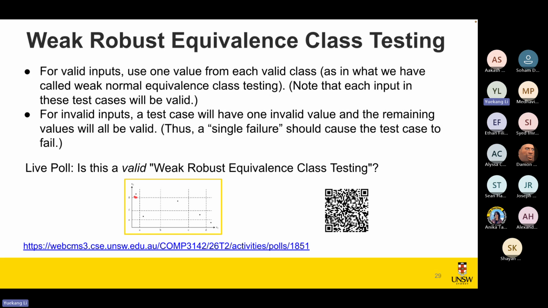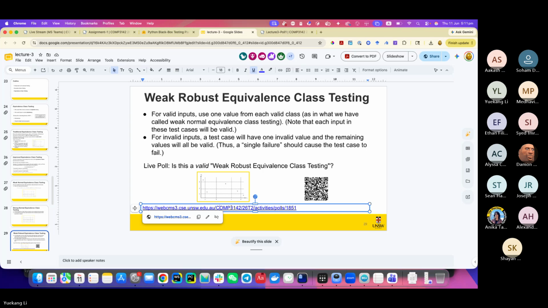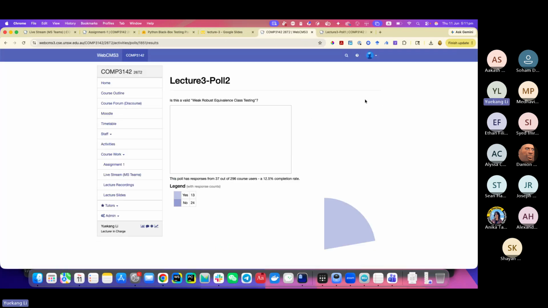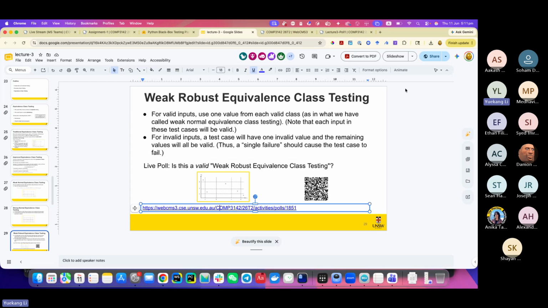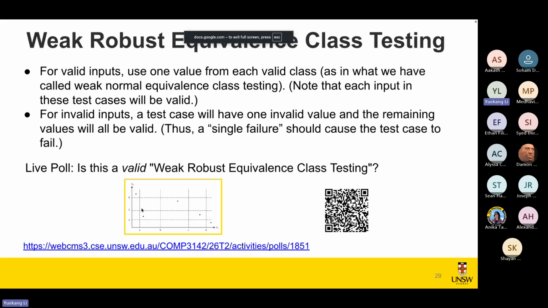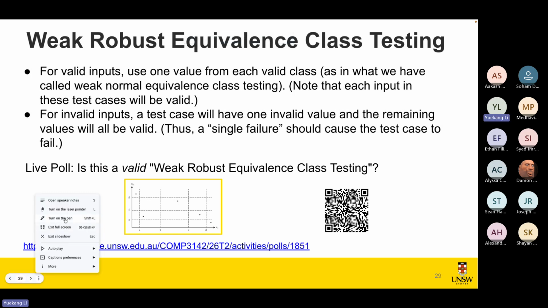Some of you have finished. So let's see the results. The answer is no. So let's see why. Both of you have got it correctly. Let's just look at this point here. This point means that x1 is taking the invalid range.